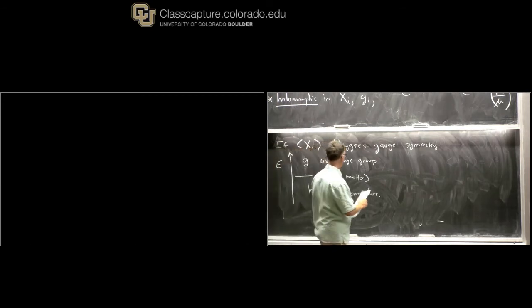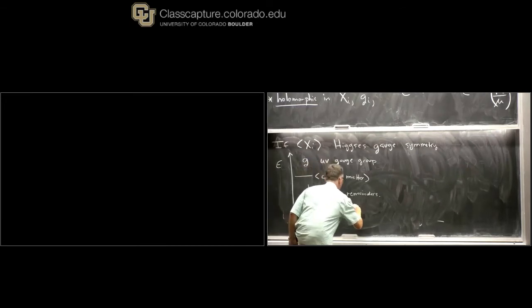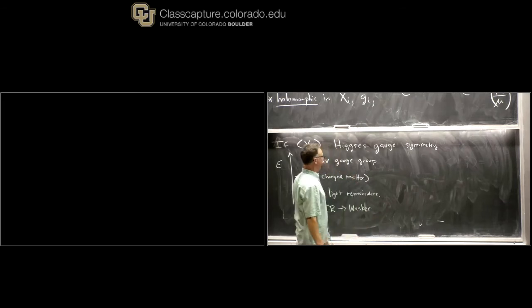So the infrared theory is weaker coupled. And so often, as we go far from the origin on this moduli space of vacua, that's some limit where we have better control of the theory because it's more weakly coupled.